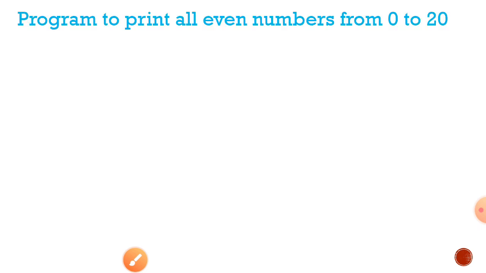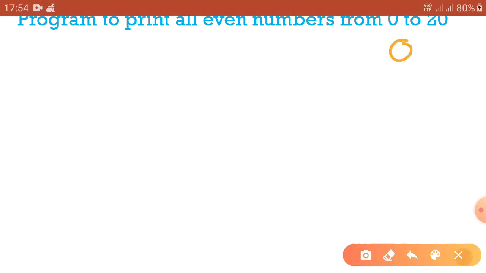So we are taking another program to give you a better understanding. Suppose we are trying to print all even numbers from 0 to 20. Whenever we write a program to print all even numbers, we have to start from 0, and it will be incremented by 2 every time.